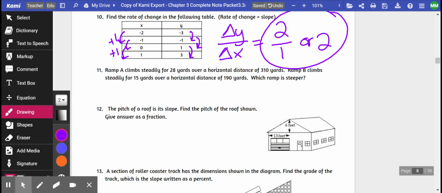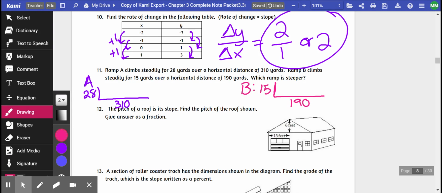Number 11 says, ramp A climbs steadily for 28 yards over a horizontal distance of 310 yards. So let's go ahead and draw what that would look like. So it is a vertical change of 28 and a horizontal change of 310. For ramp B, it says it climbs 15 yards over a horizontal distance of 190.